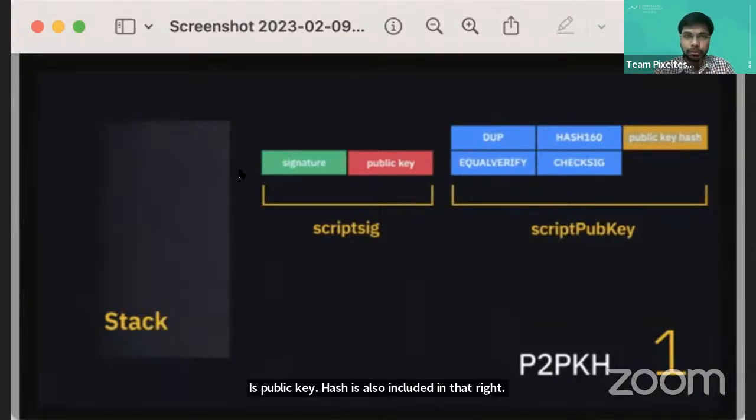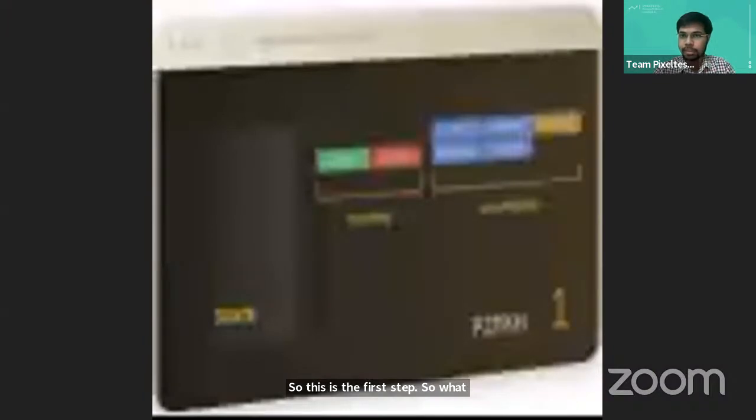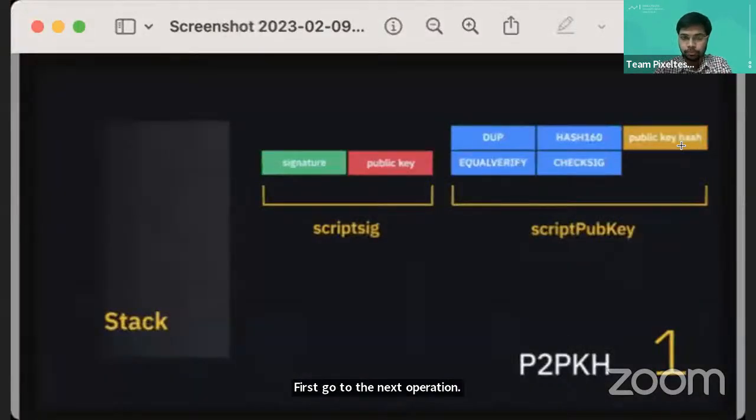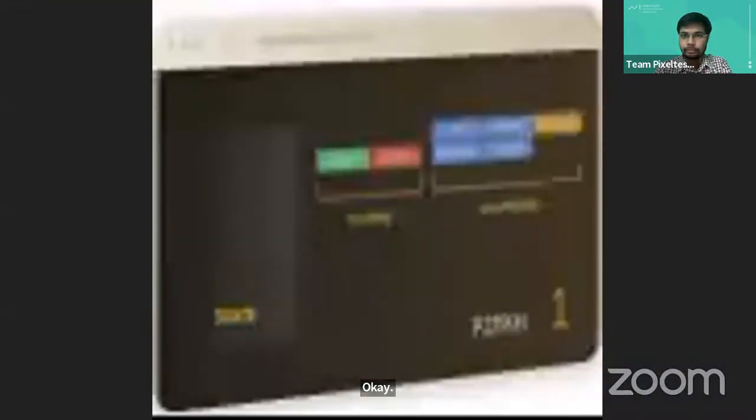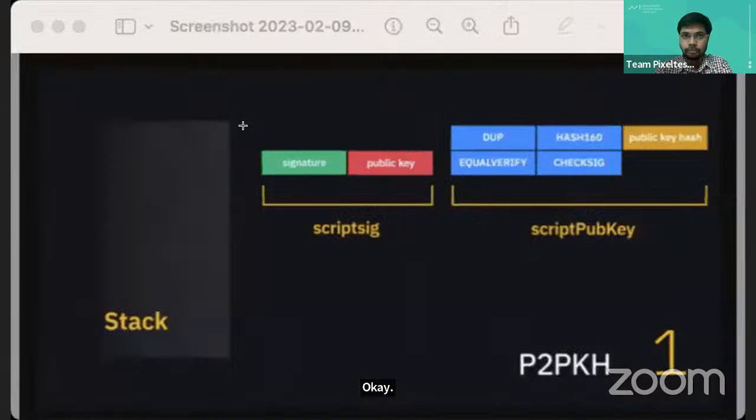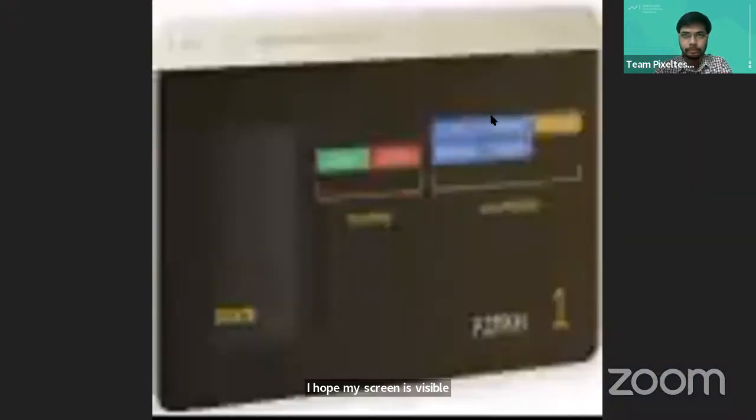So what we are going to do here is, first go to the next operation. Okay. I hope my screen is visible again.